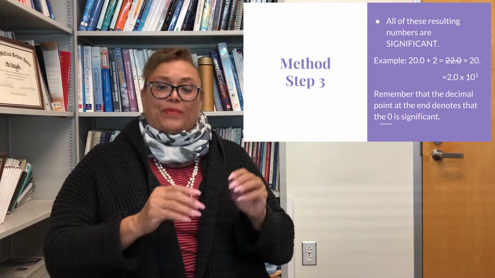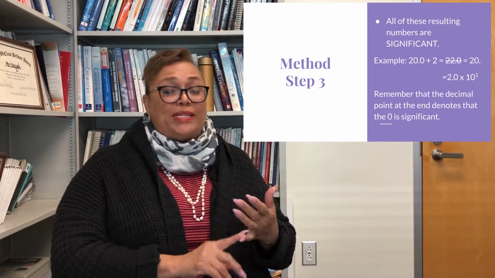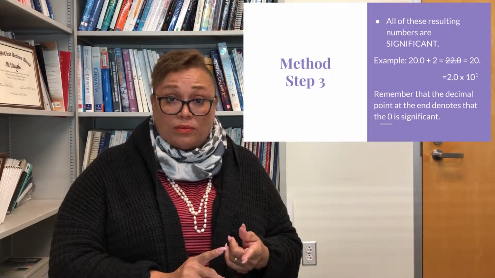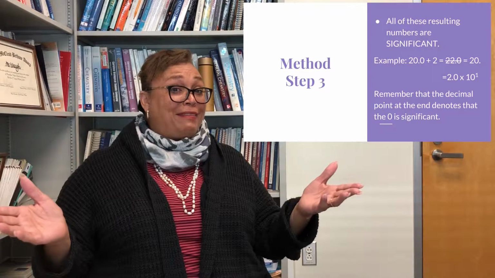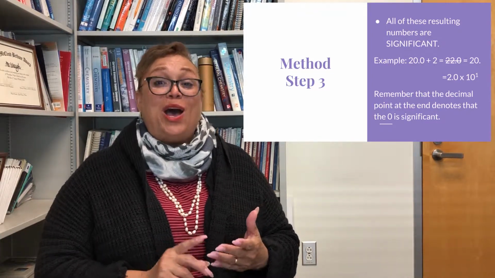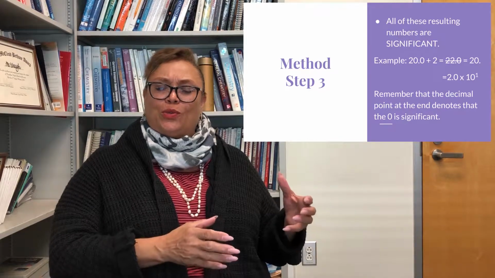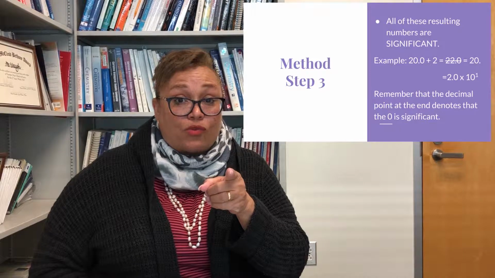Let's look at an example, and I want you to think this in your mind. 20.0 plus 2. Now in your math class, you would say 22.0, wouldn't you? 22.0. Well, that will be wrong in chemistry.